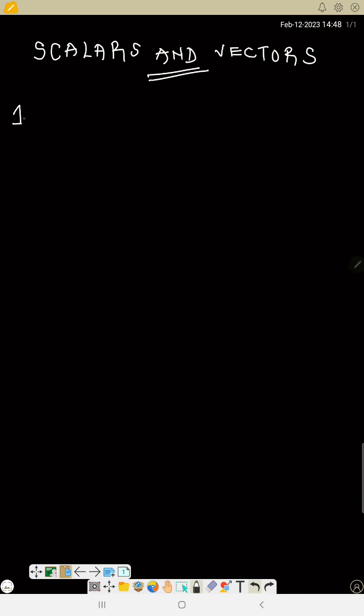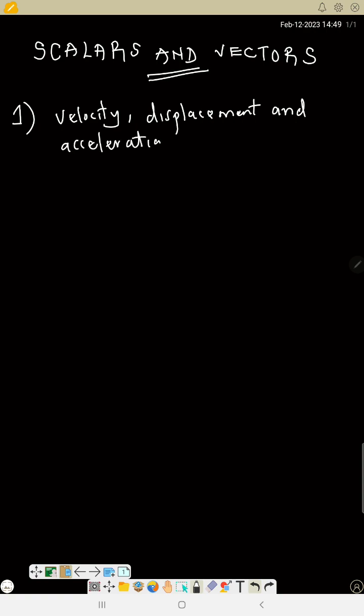Number 1. All physical quantities containing velocity, displacement, and acceleration in their formulas are vectors. So any formula you see that contains velocity, displacement, and acceleration, just know they are all vector quantities. That means momentum.